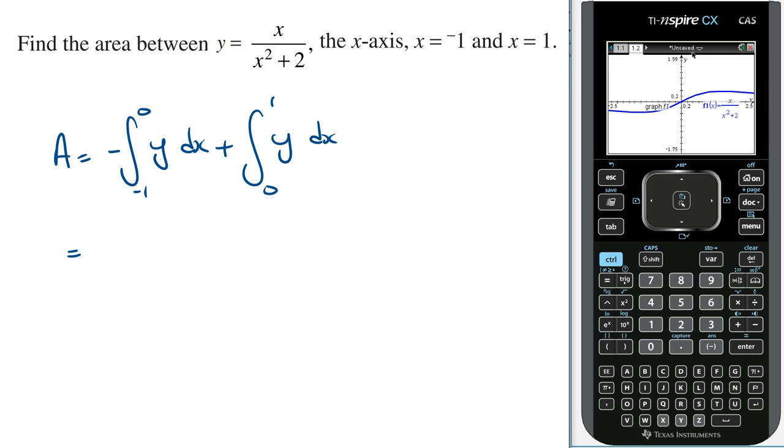Or we can write it as the positive integral from 0 to minus 1 of y dx plus the integral from 0 to 1 of y dx. Setting this up in the calculator, we can work this out.